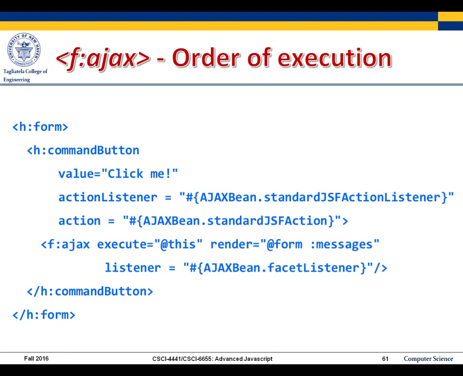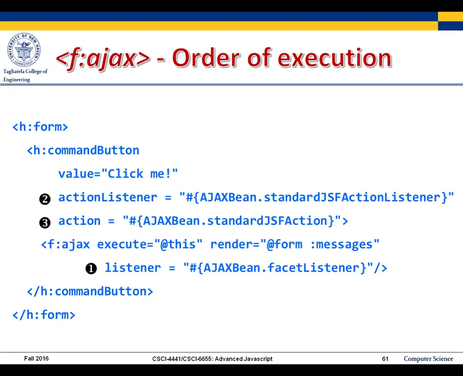If you ever need to remind yourself what gets called first when you click, the Ajax listener happens first, then the action listener inside the component happens, then the action, which is normally the thing that you're requesting the server to do for you. So there is an ordering involved there, just in case.